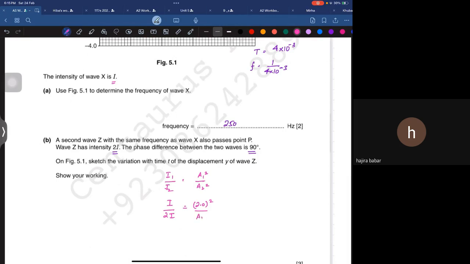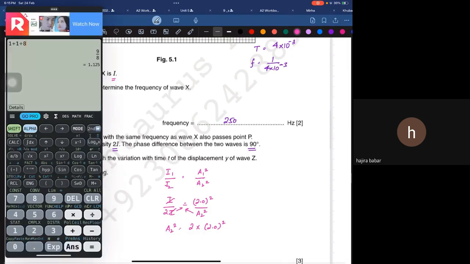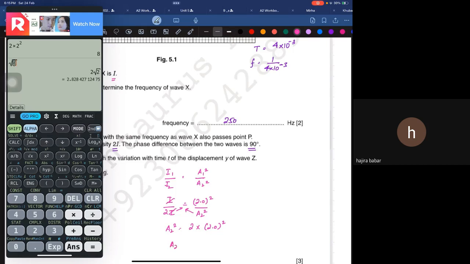We want to find the amplitude of the second wave, so I and I will cancel out. A2 will go there, 2 will go there. So A2 squared equals 2 times 2.0 whole squared. Now just use the calculator. 2 times 2 squared is 8, under root. So you're going to get A2 as 2.83 centimeters.